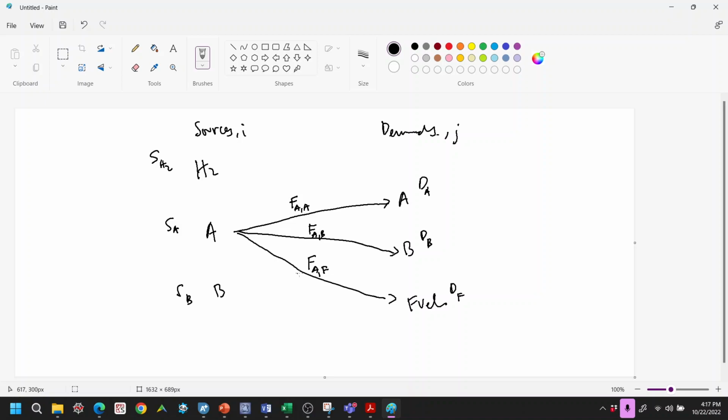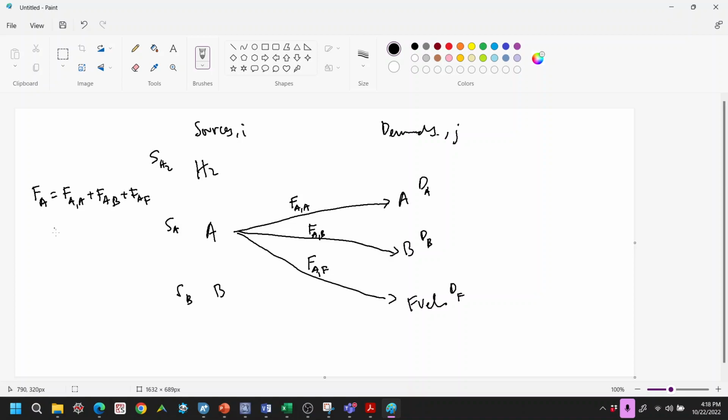So you can then generalize this to become FA, because the whole flow rate of A goes from source A, it goes back to A, recycle, or it goes to B, reuse, or it goes to fuel, wasted. So total flow of A, FA, equals FAA plus FAB plus FAF.